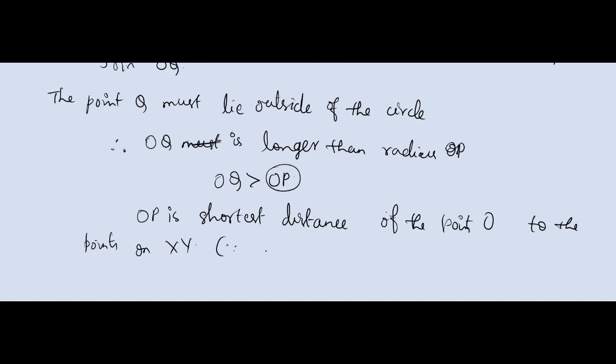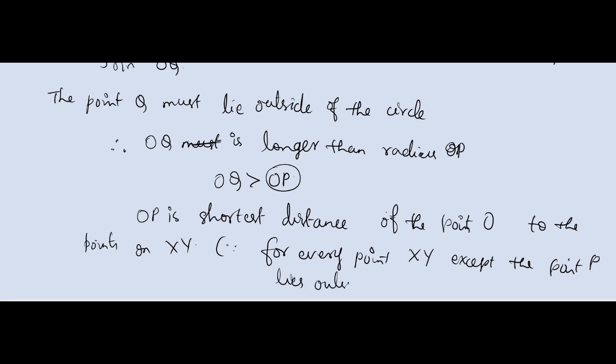Since every point on XY except the point P lies outside of the circle, all of these lie outside of the circle.